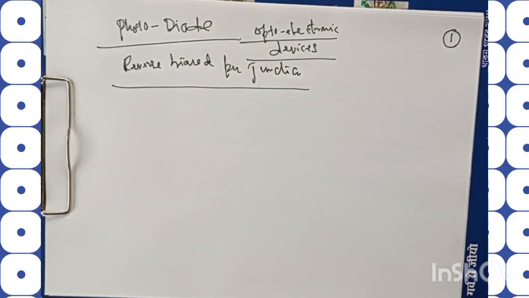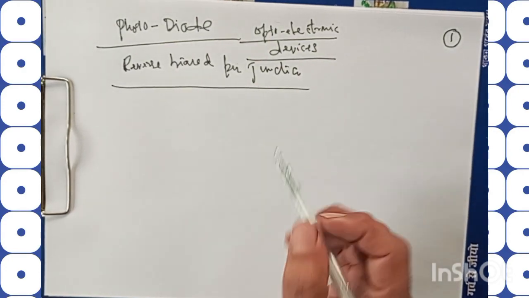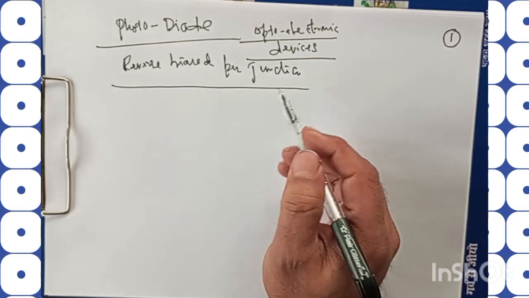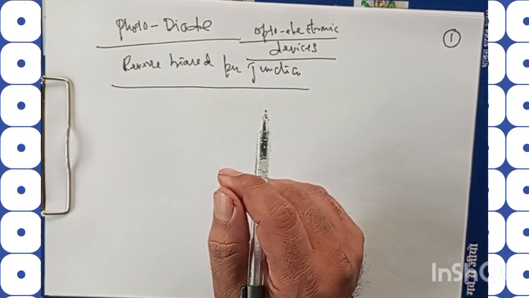This diode has a transparent window in which reverse current varies linearly with the light flux when it's illuminated by light.